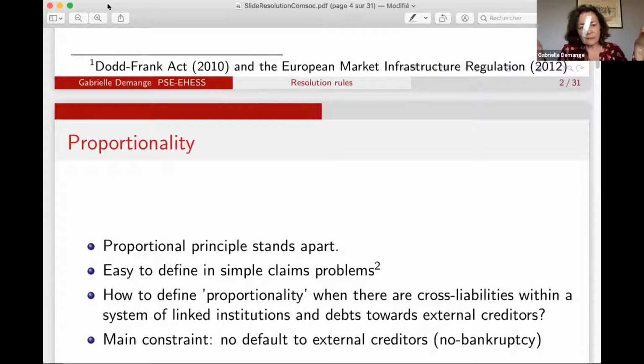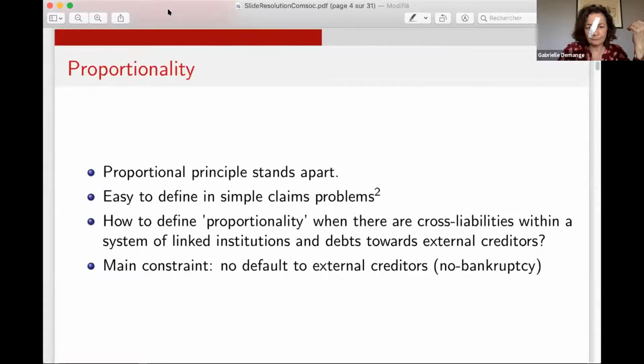What I have in mind, of course, is the case of banks, which have relationships between them, but which may default on, say, their deposits. So the deposits are the external creditors. And the main objective of the regulator is to avoid this default on external creditors. This is what I call no bankruptcy.